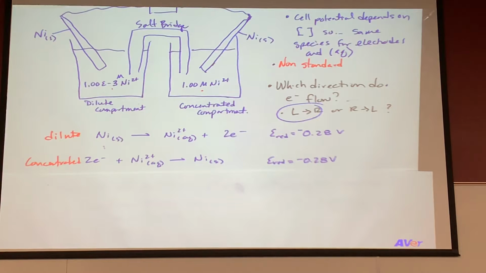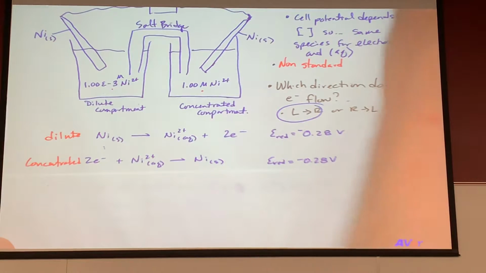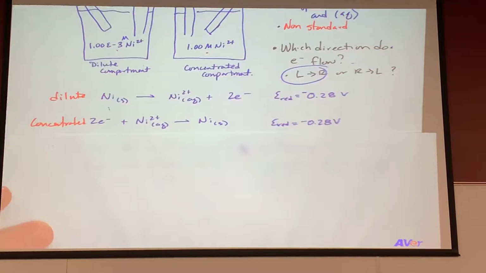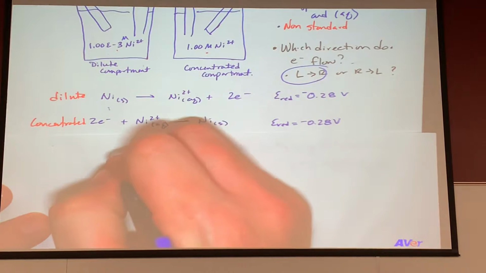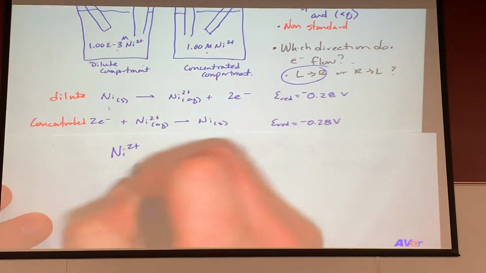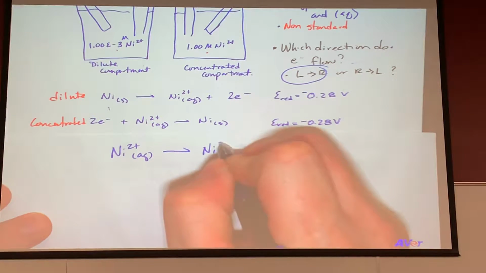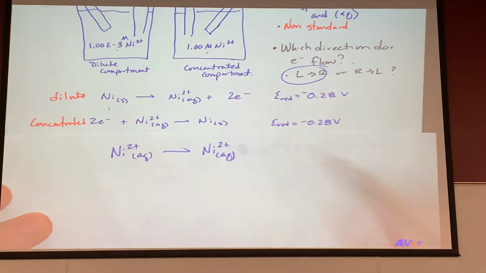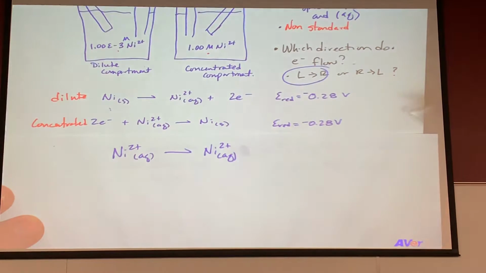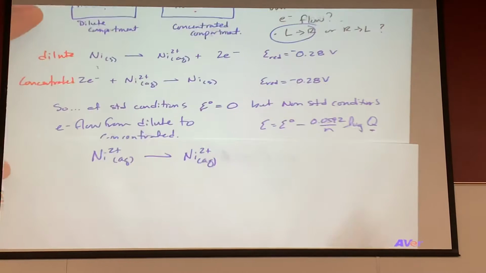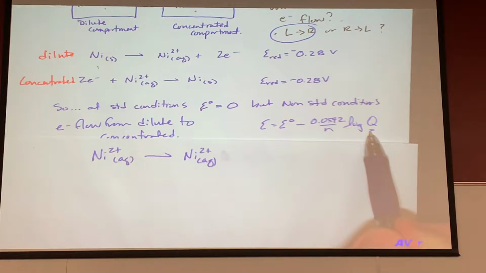Can you combine those into an equation? And I would hope you would say yes. Okay. I'm only going to write the ions. Look at the Nernst equation for Q. When you calculate Q, do you include solids in the Q calculation?